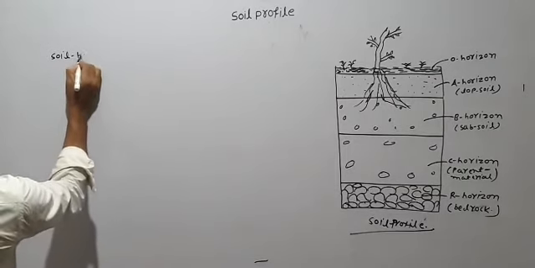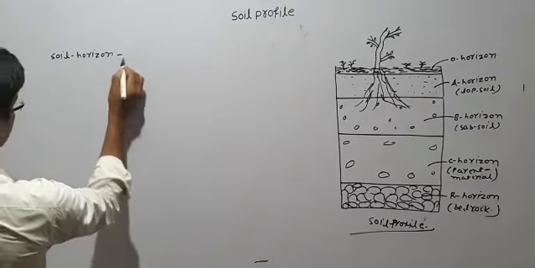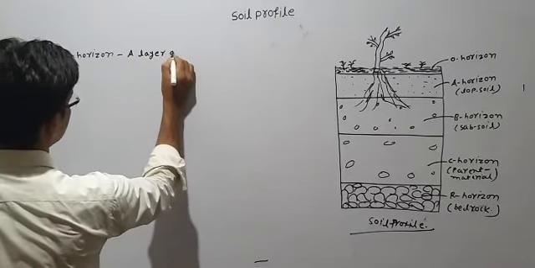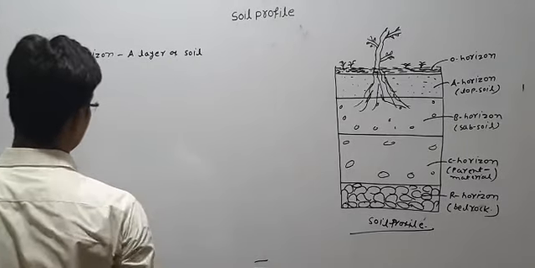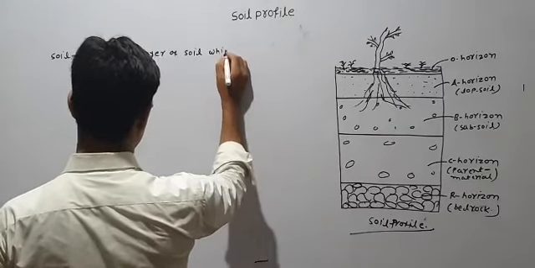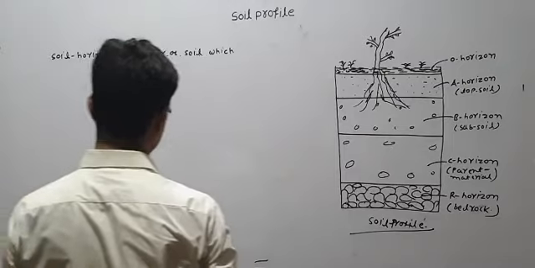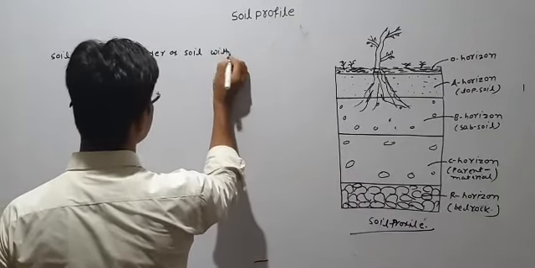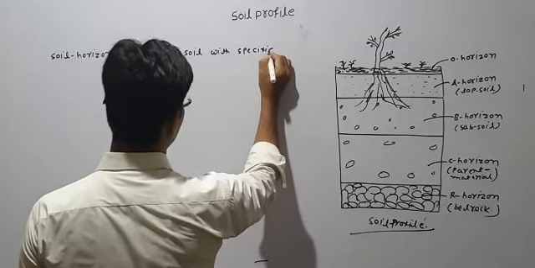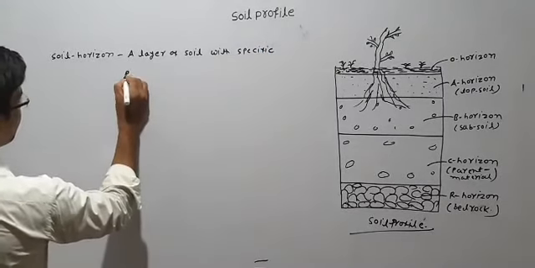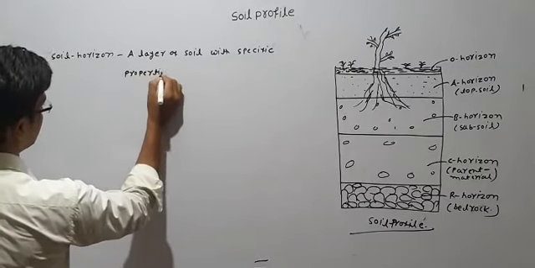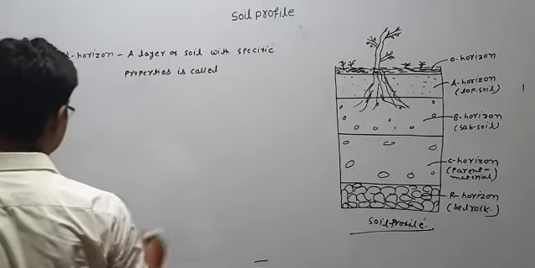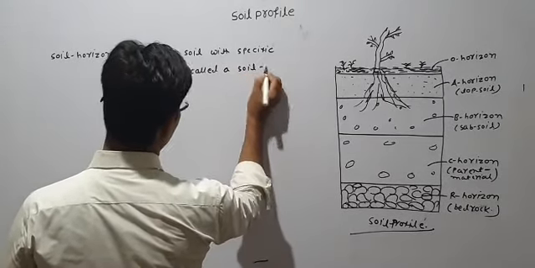Soil horizon, what is this? A layer of soil with specific properties is called a soil horizon.